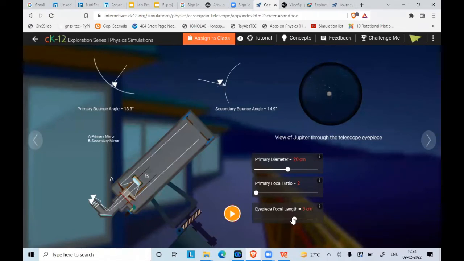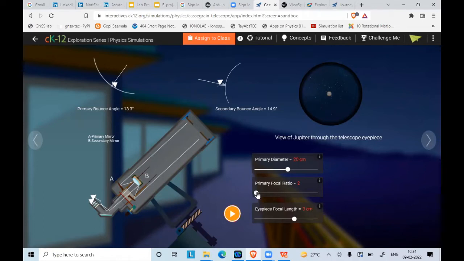In that case you would prefer an eyepiece with a larger focal length, because that allows you to look at a larger field of view in the night sky. Is this aspect clear to everyone? Yes, sir. Okay.